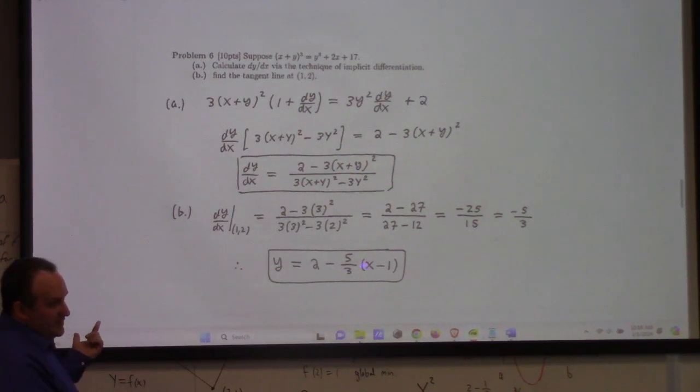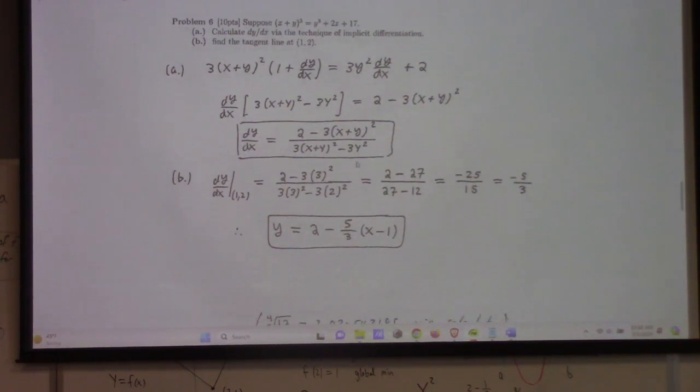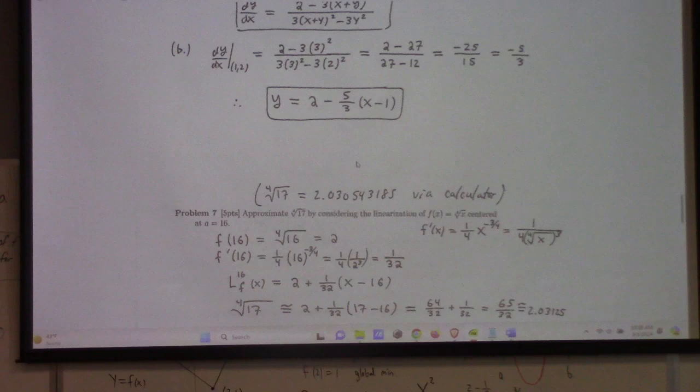I did have a few people get this correct. Many of you wasted a lot of time and effort by multiplying this out, which is just not a wise move. You shouldn't multiply that out, you should just differentiate. Multiplying it out did not give you any insight and caused you to make an arithmetic mistake, I believe.